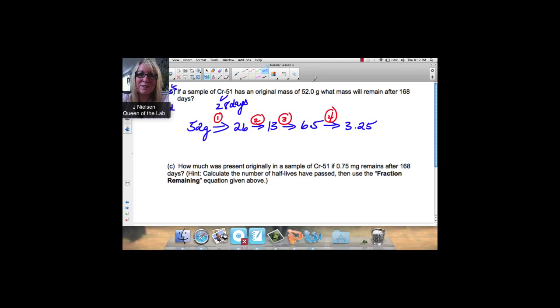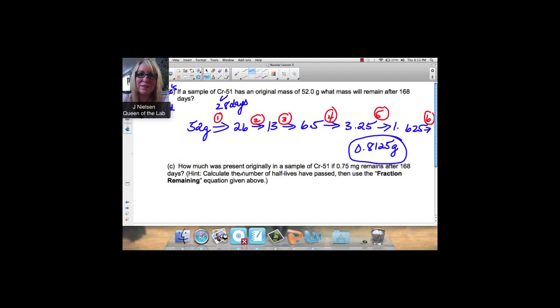Not quite there yet. Half of 3.25 is 1.625. And half of 1.625 is 0.8125. And this is grams we're talking about. And I underwent 6 half-lives.